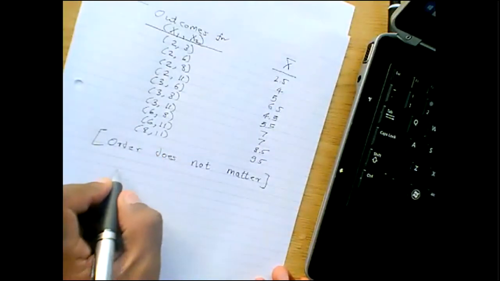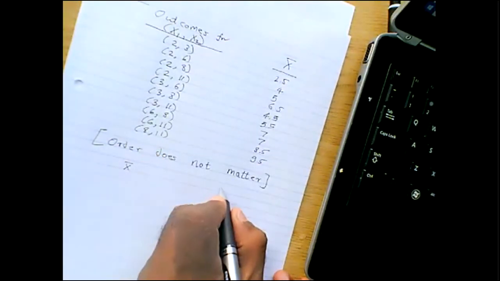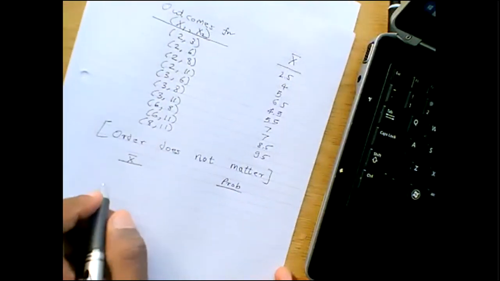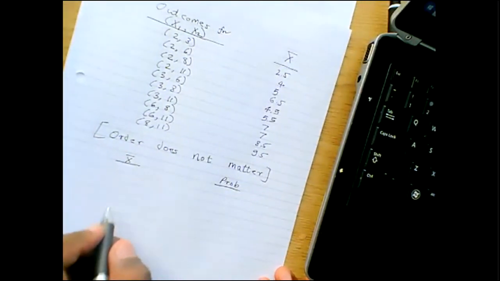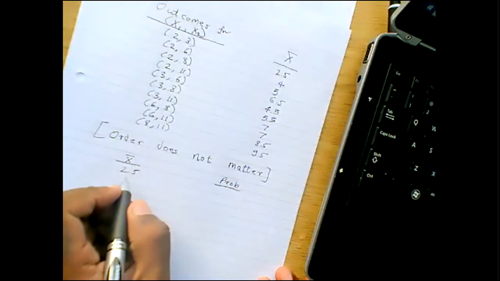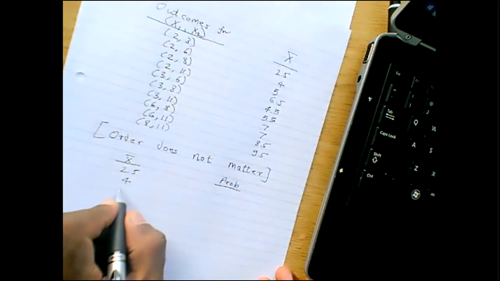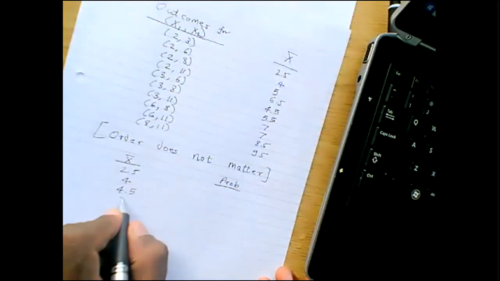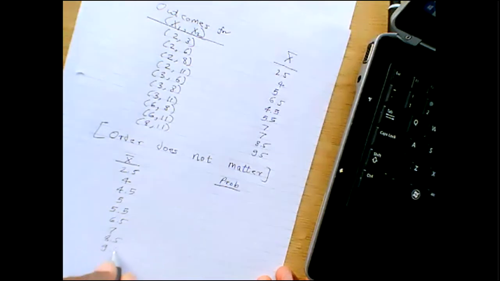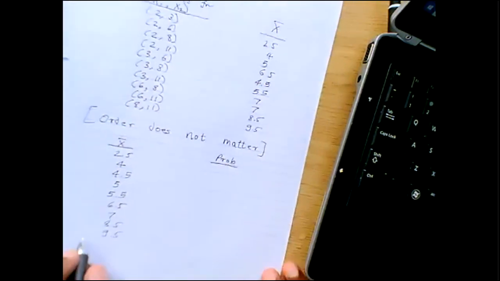Now the next table is going to be this. The first column lists the possible values for X bar, which are 2.5, 4, 4.5, 5, 5.5, 6.5, 7, 8.5, 9.5. These are the distinct possible values for X bar.